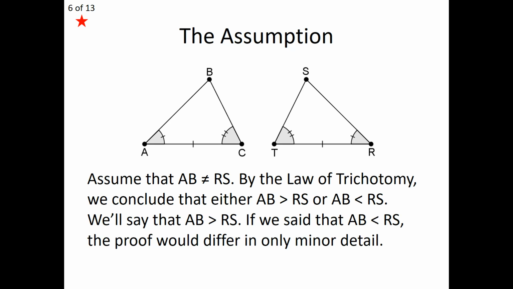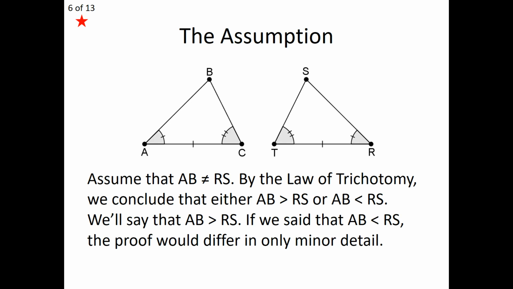If we had said the other, that AB is less than RS, the proof of this other case would only differ in minor detail. We'd still hit a contradiction with AB greater than RS, and that same contradiction will hold if AB is less than RS, which means we don't want to repeat the proof twice if they only vary in minor detail.